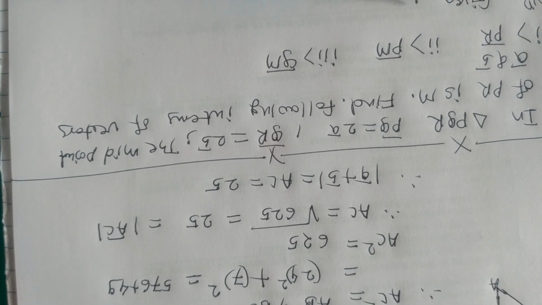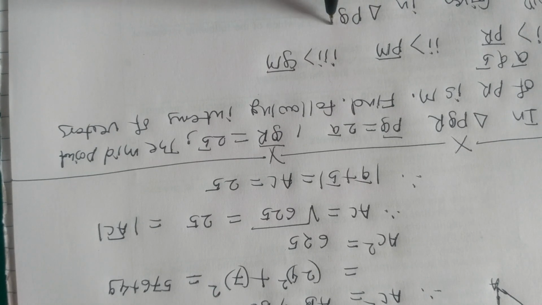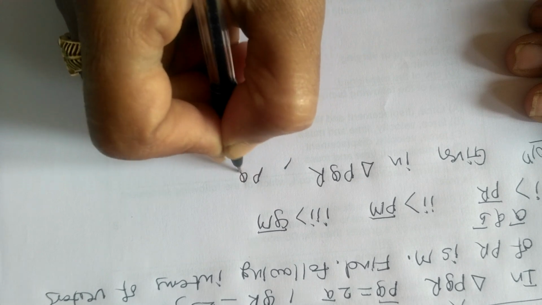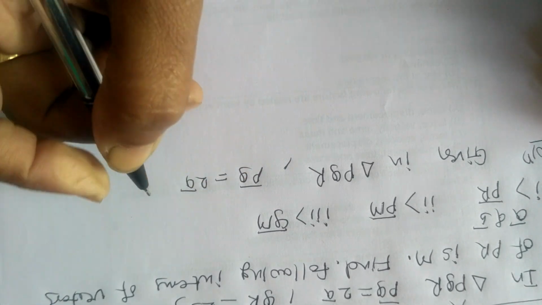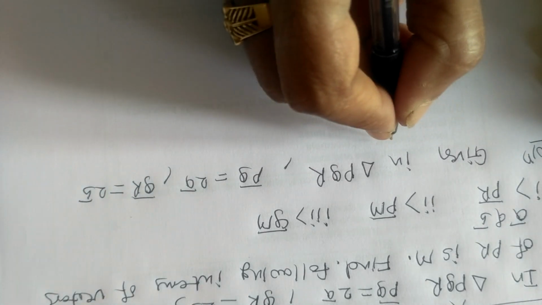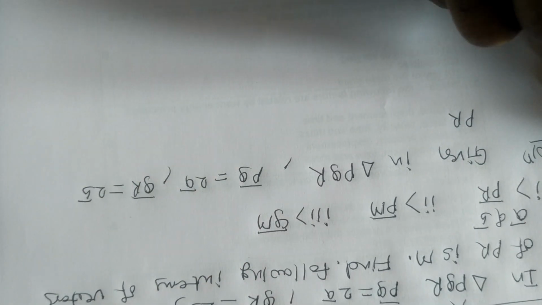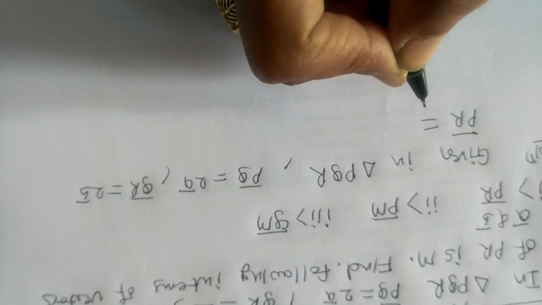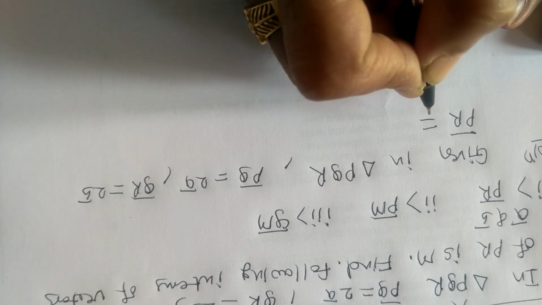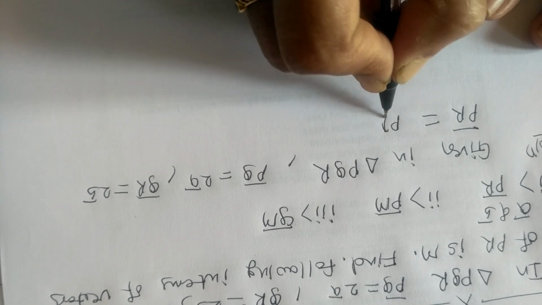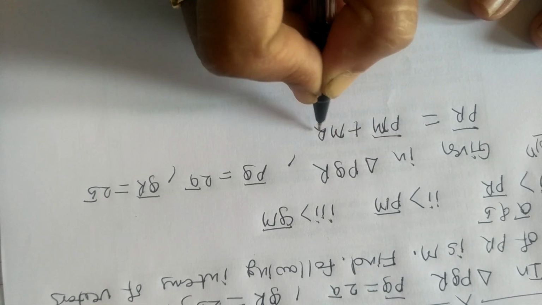Given in triangle PQR, PQ bar is equal to 2 times A bar, QR bar is equal to 2 times B bar, and since M is the midpoint, by the concept of midpoint, PR bar is equal to PM bar plus MR bar.